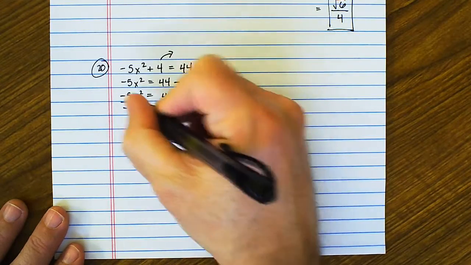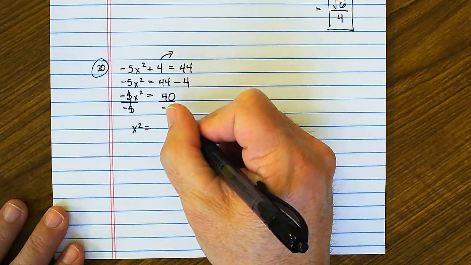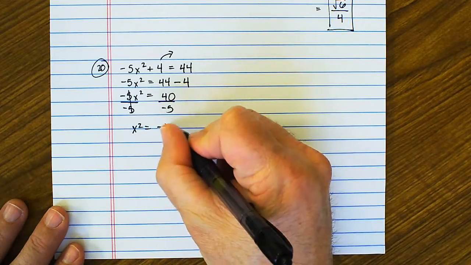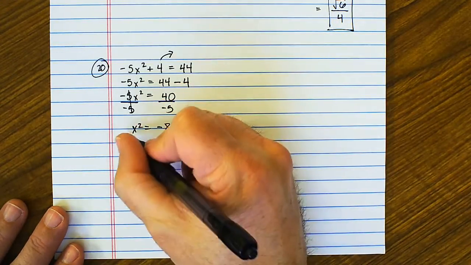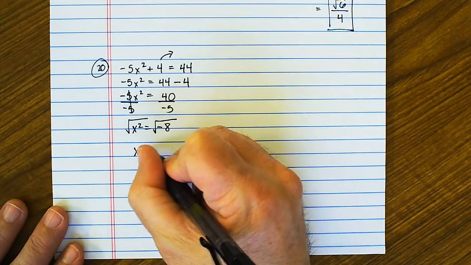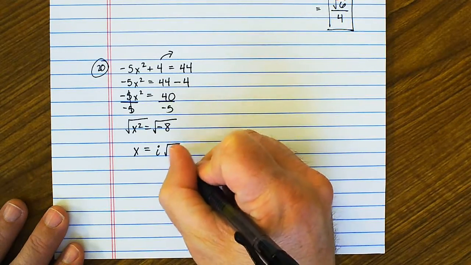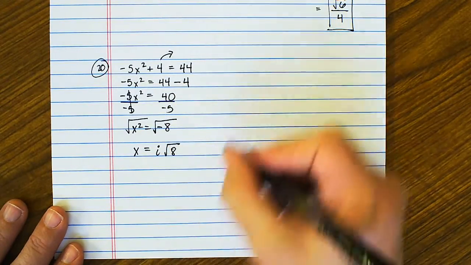Divide by negative 5, cancels, x squared equals, well, that's a perfect division. 40 divided by negative 5 is negative 8. Square root. That gives me x equals, I'm going to take that negative out, make it an i, radical 8.